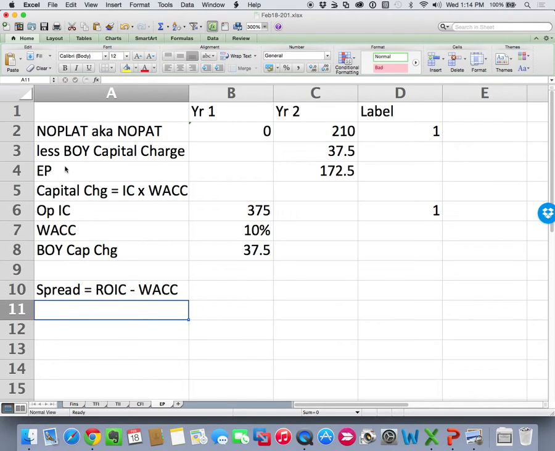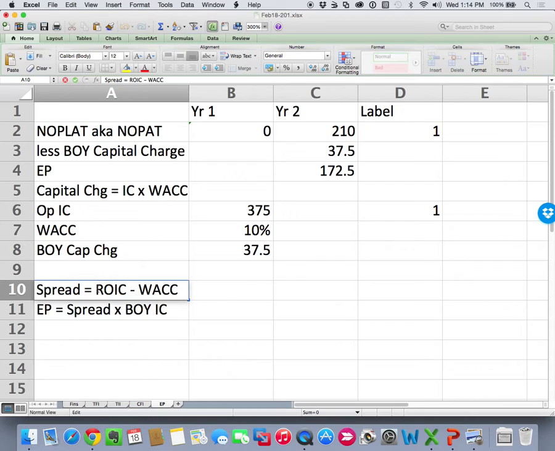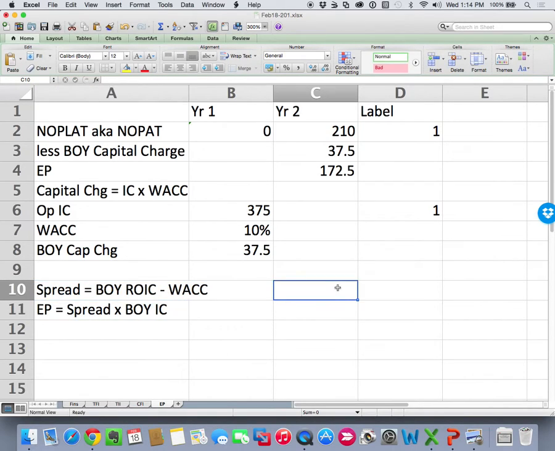And then economic profit equals spread times BOYIC, beginning of year invested capital. So what is my ROIC? And this is key: I'll use my beginning of year ROIC. So what is my ROIC? It's my NOPLAT divided by last year's invested capital.